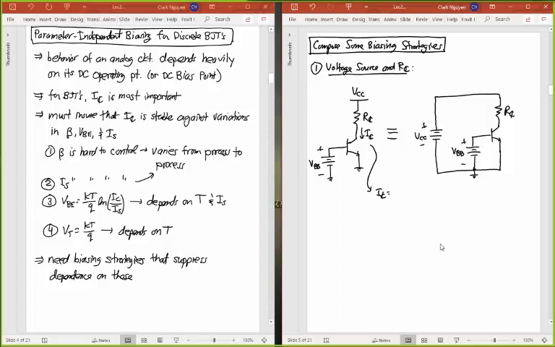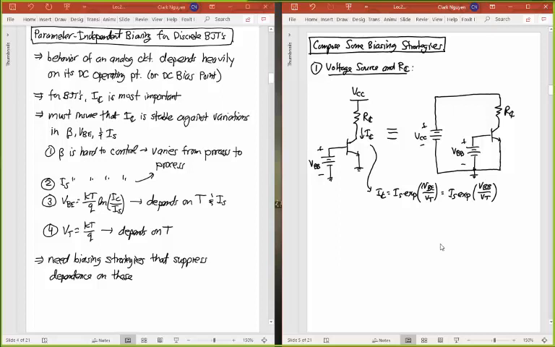We know the physical equation, that IC is going to be IS times e to the VBE over VT power, which I know that VBE in this case is just VBB. So that means I can write that this is equal to IS times e to the VBB over VT.